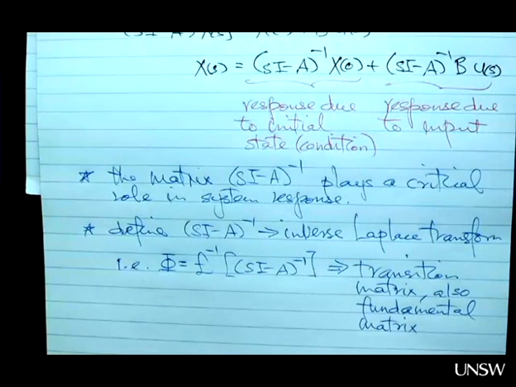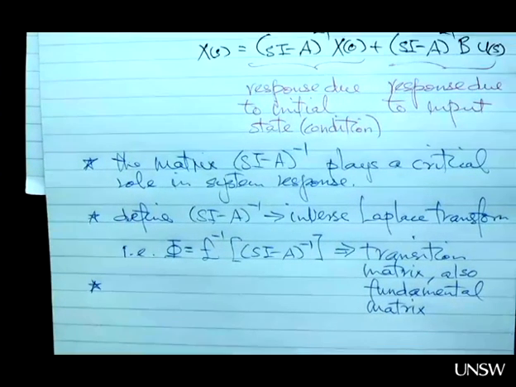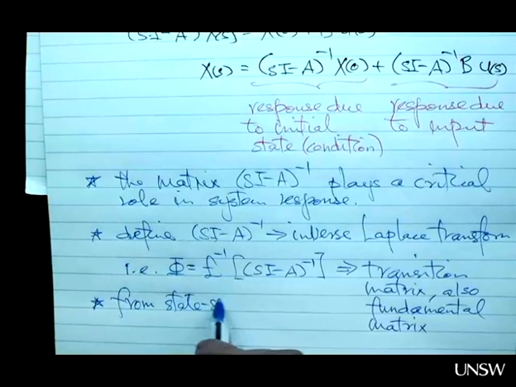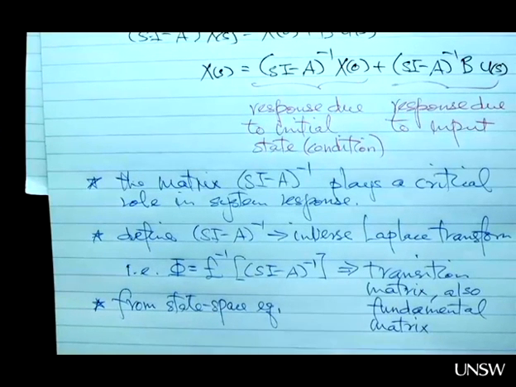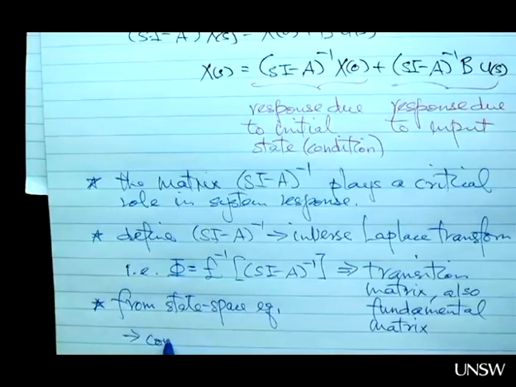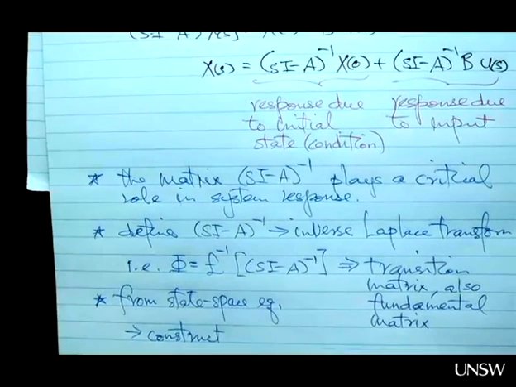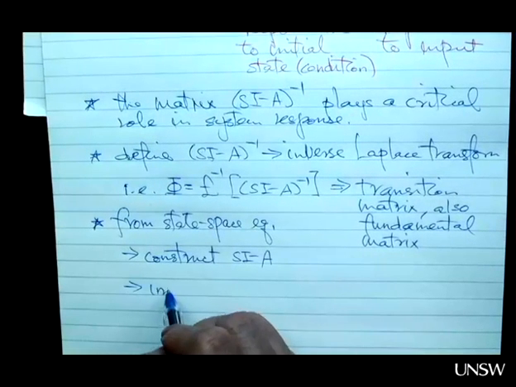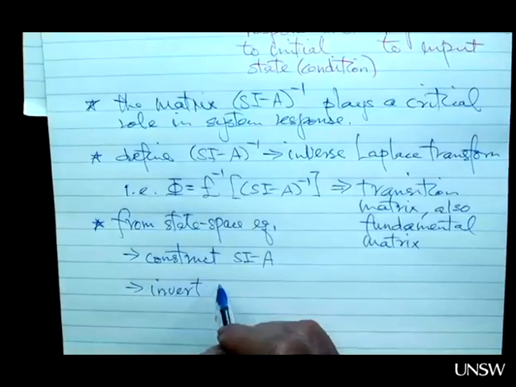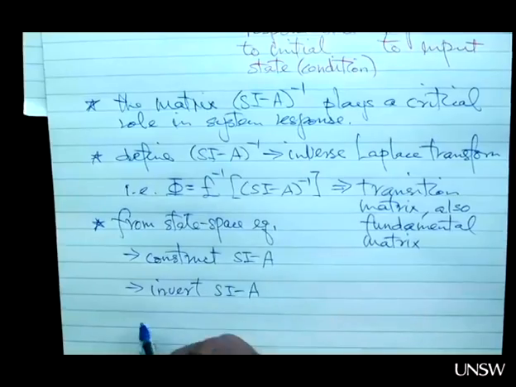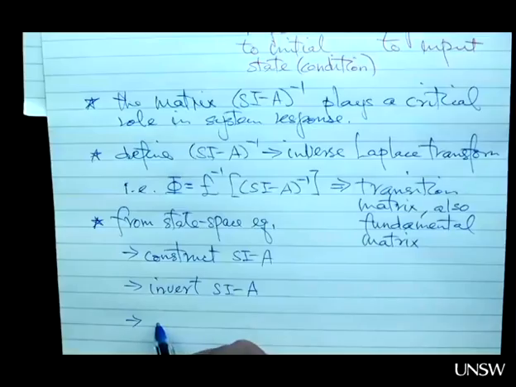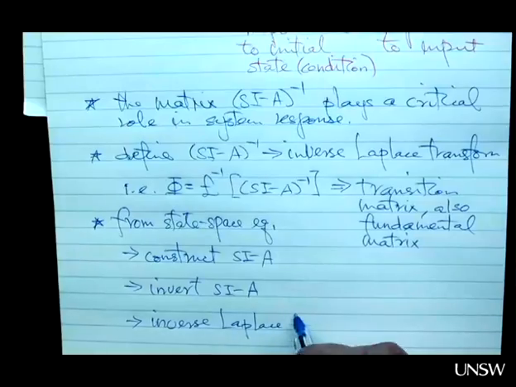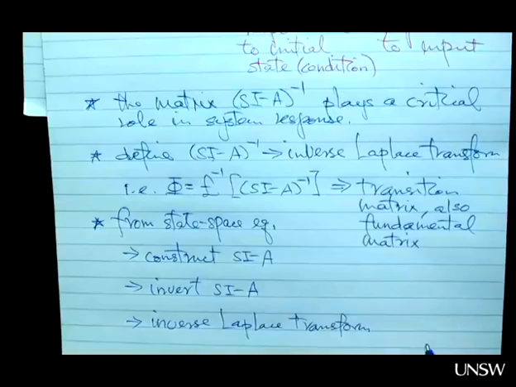So here from the state space equations, we construct sI minus A, and then invert, and then we inverse Laplace transform, and that is our transition matrix.